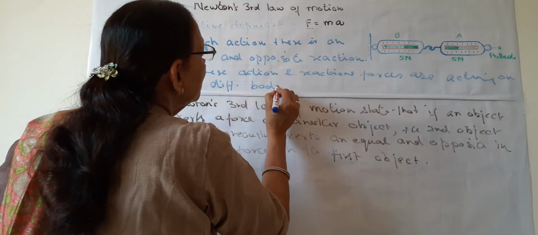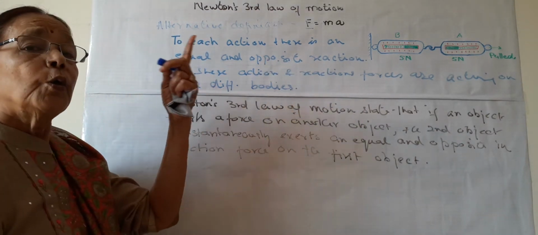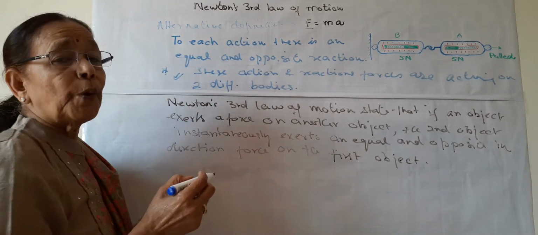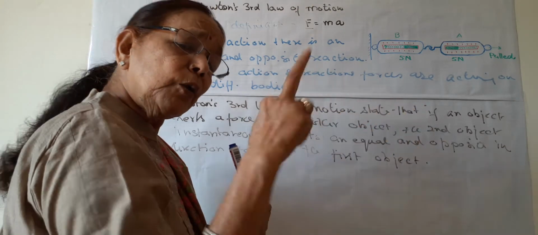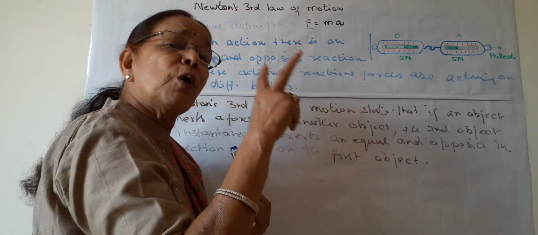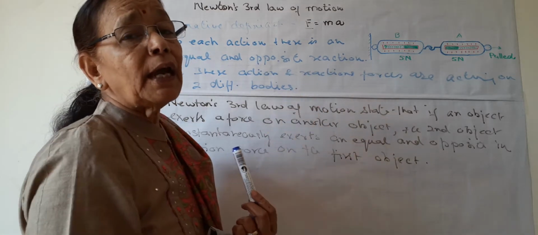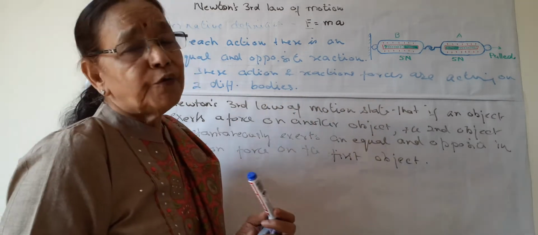They are acting on two different objects or two different bodies, not on the same. This point is very important, as a pair of forces is there and also a pair of objects. So these two forces act on two different objects.